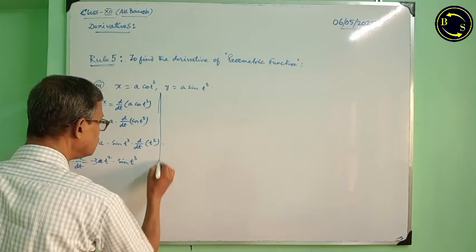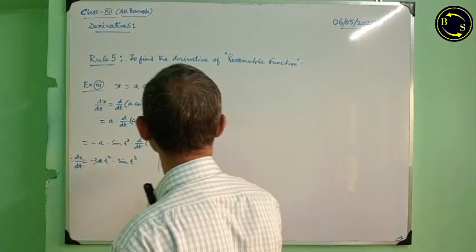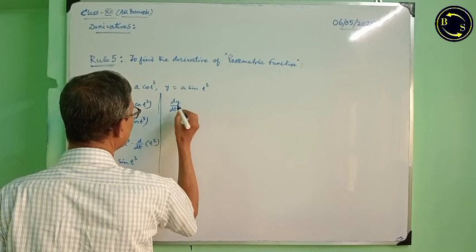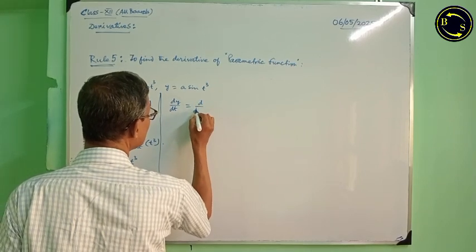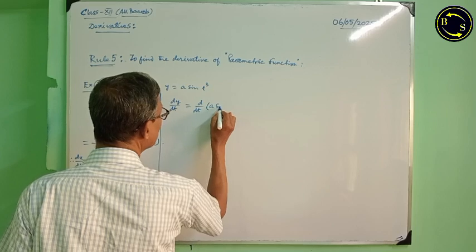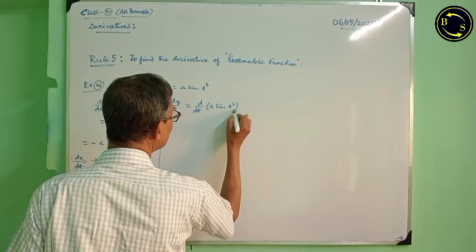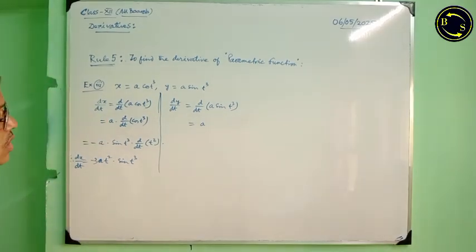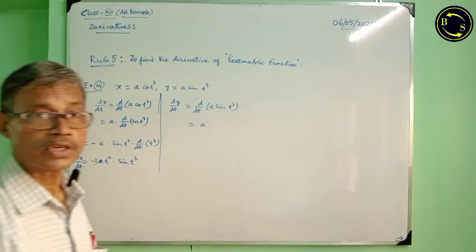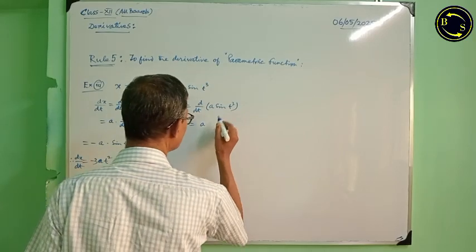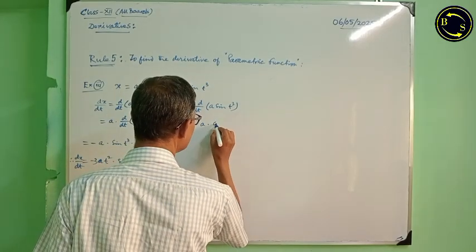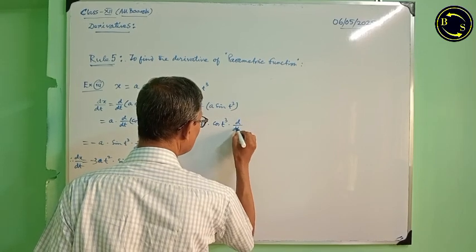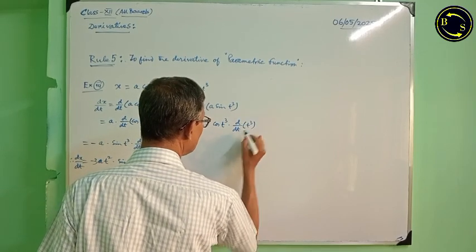Now, we have to find dy dt. dy dt is equal to d/dt of a sine t cube. A is constant outside, then d/dt of sine t cube, function of function form, d/dt of sine u, that means cos u into d/dt of t cube.